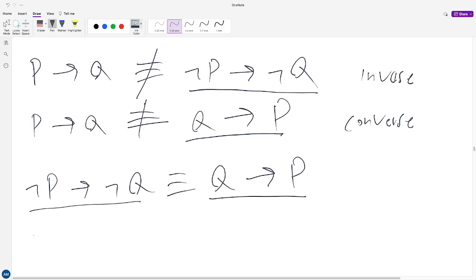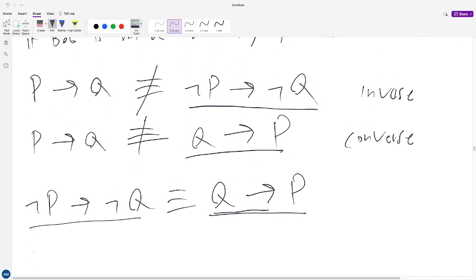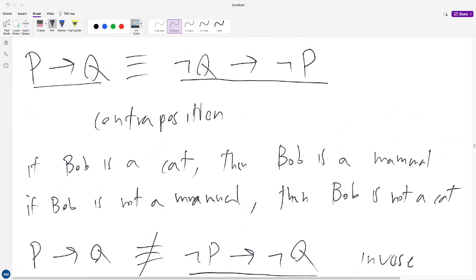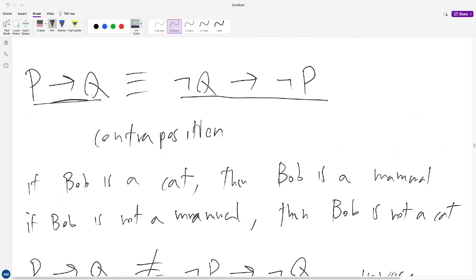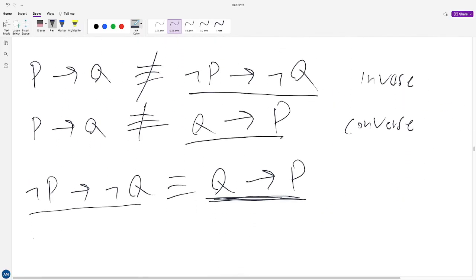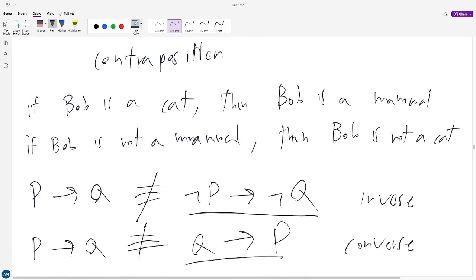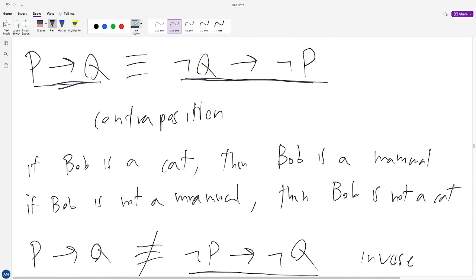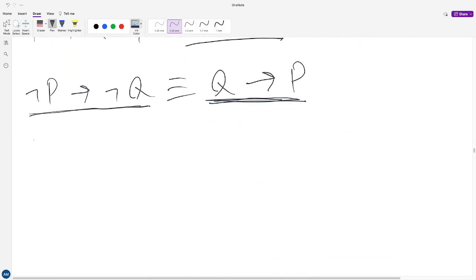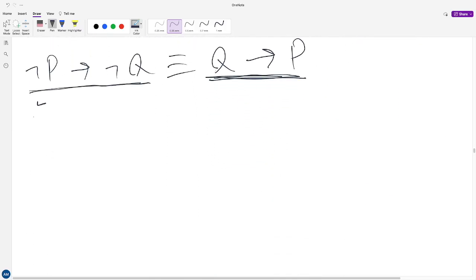We can see that up here. Q implies P, P implies Q. Not P implies not Q, not Q implies not P. All we did was flip-flop the P's and Q's around, and we have the exact same equivalence here. But with if and only if, we do have that.